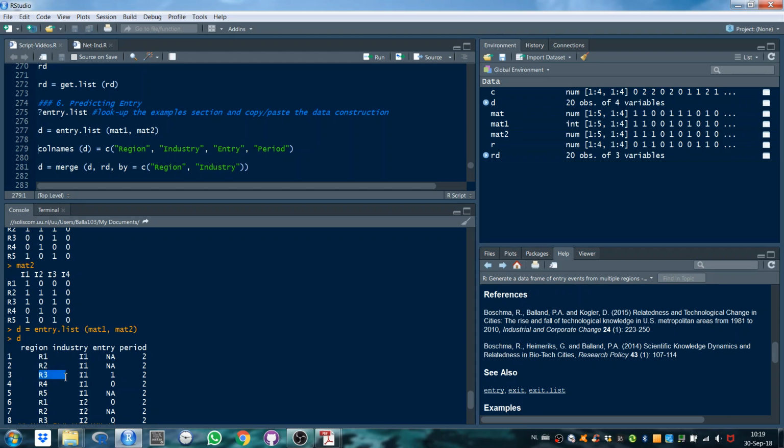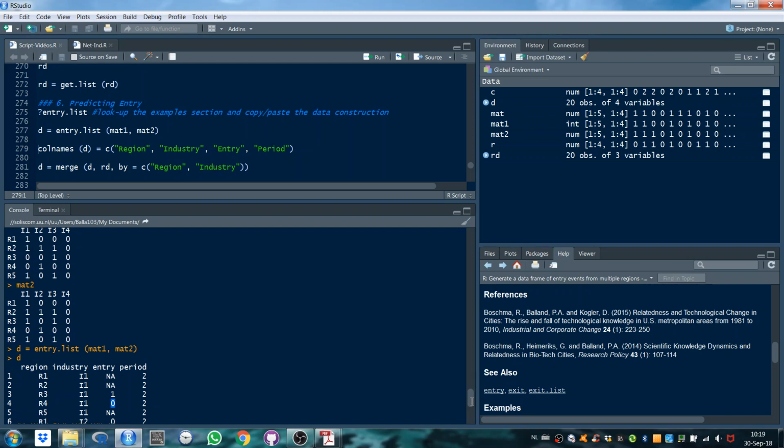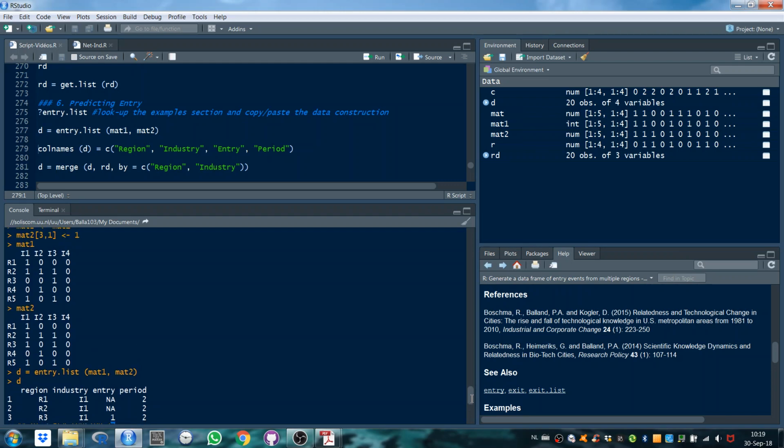Now, region 3 could specialize in industry 1, and it actually did. That's what we just looked at. So that's why you have a 1. Now, industry 1 was not in region 4, and it's still not in region 4 in period 2. Look at it. We're talking about region 4 and industry 1.